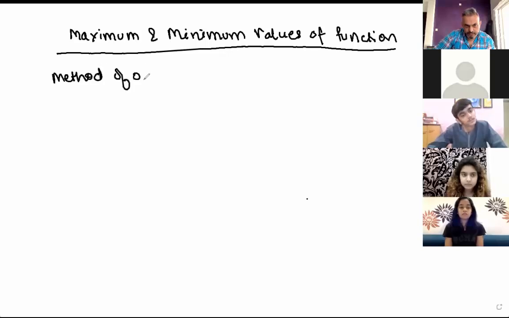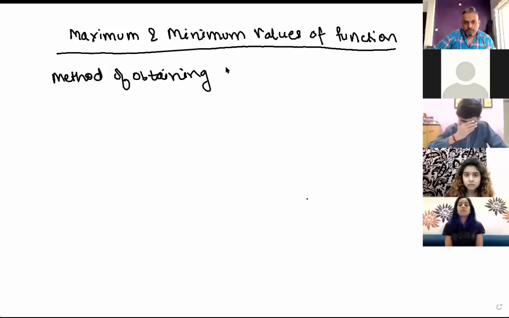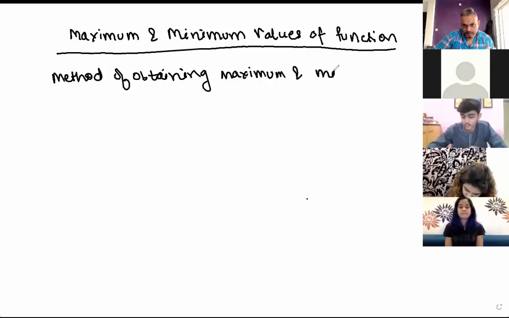of obtaining maximum and minimum values.